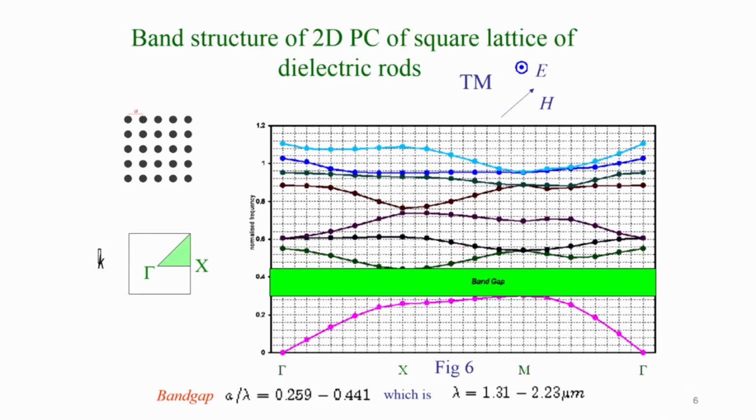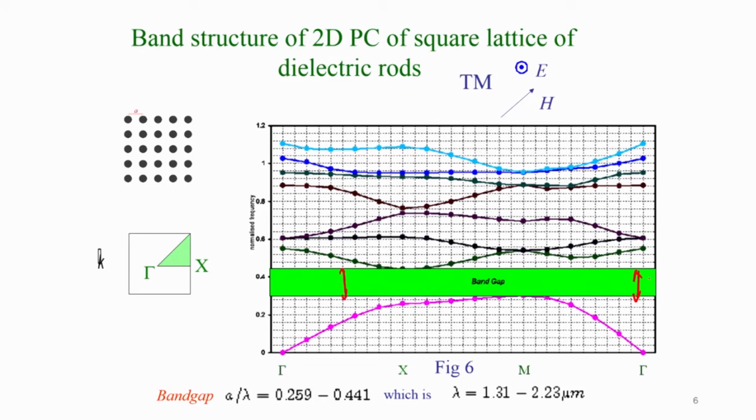So, you choose a unit cell and look at the frequency that is allowed to propagate along the different directions, and you can plot the dispersion curves representing the variation of normalized frequency along the different directions. You observe that there are several modes that are allowed to propagate. In particular, we would like to notice that there is a band of frequencies which is not allowed to propagate. So, you have a band gap in this region.